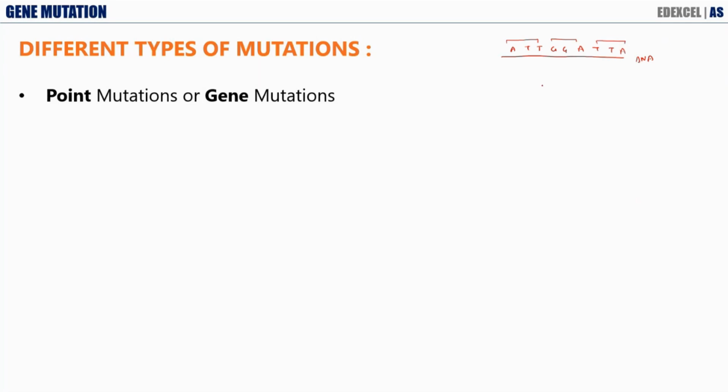Usually there are variations here as well. Let's say in some case one of the nitrogen bases is replaced by something else. Let's say the A over here is replaced by G.